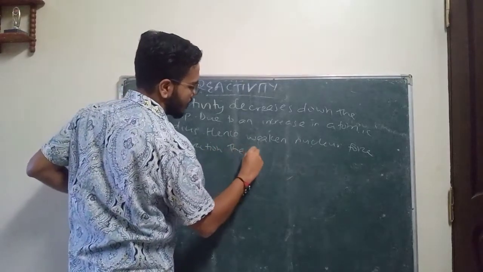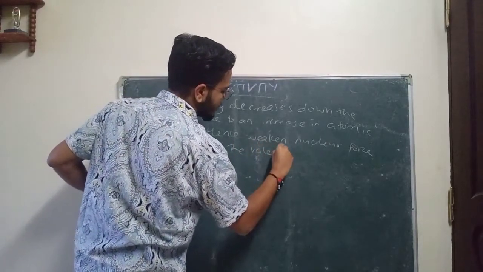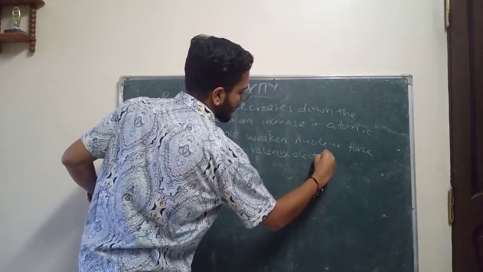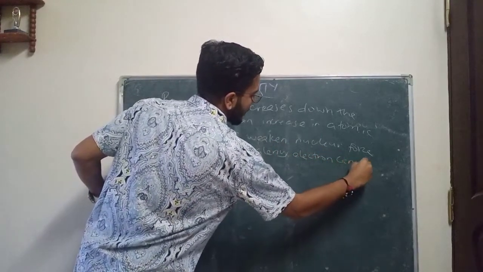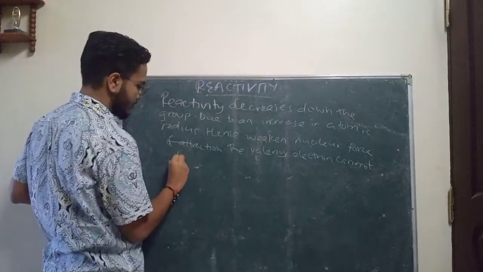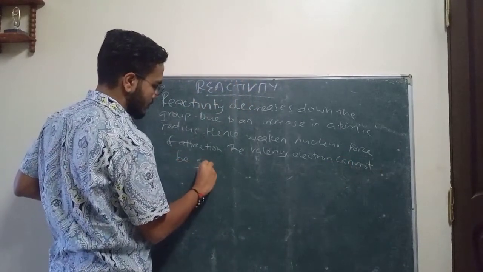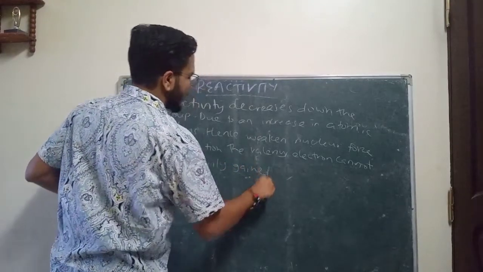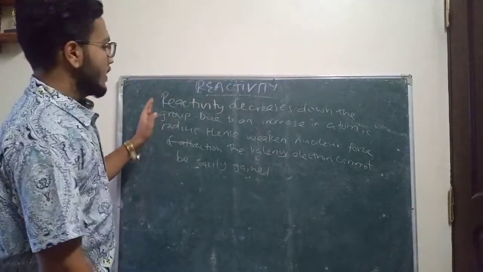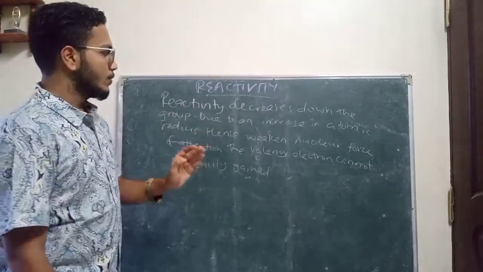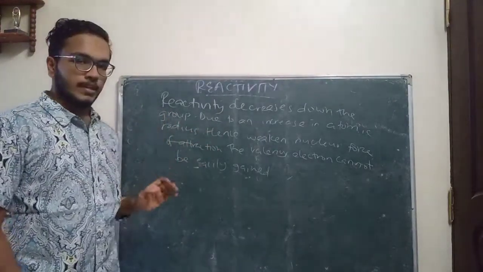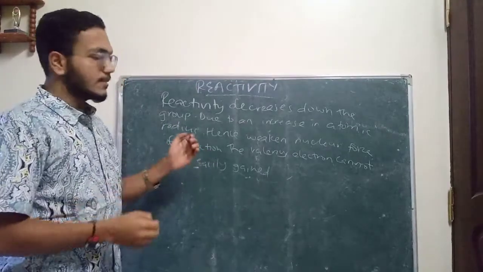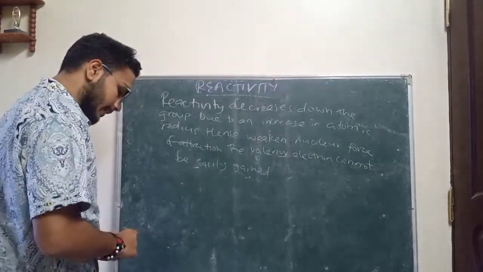The valence electron cannot be easily gained. Let's come together on this. Reactivity decreases down the group. Why? Due to an increase in atomic radius. The atomic radius increases, the nuclear force weakens, hence the valence electron cannot be easily gained.